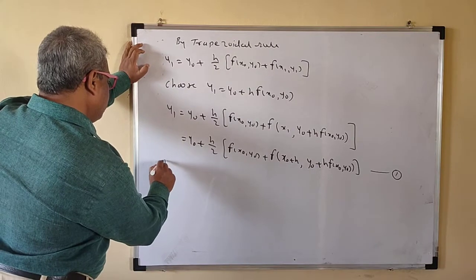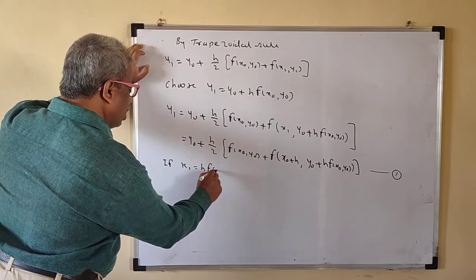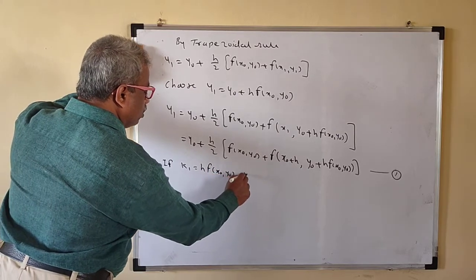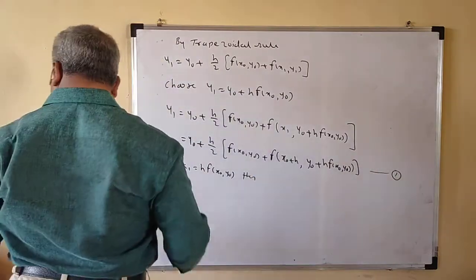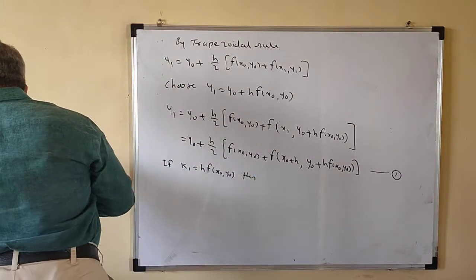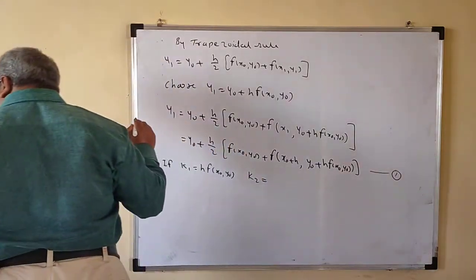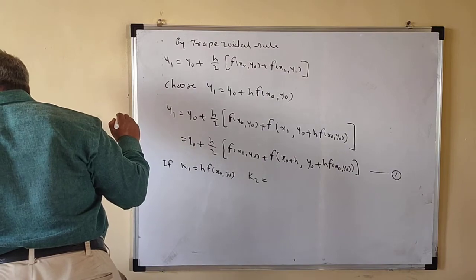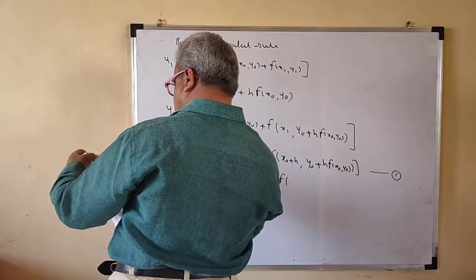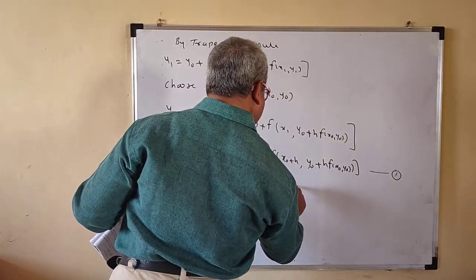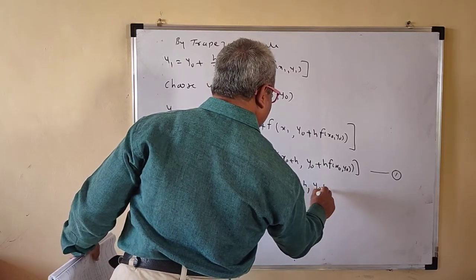Okay, if k1 is equal to h f of x naught, y naught, then k1 is equal to this, and we put k2 is equal to h f of x naught plus h, y naught plus k1.